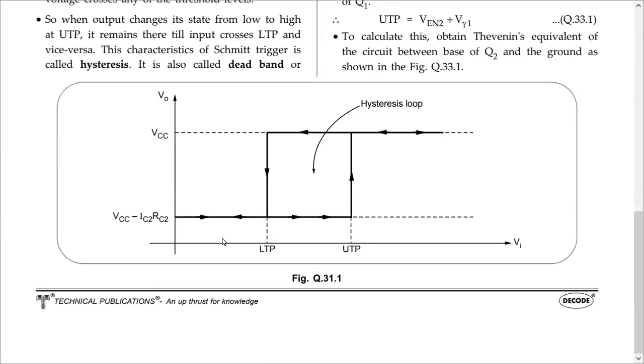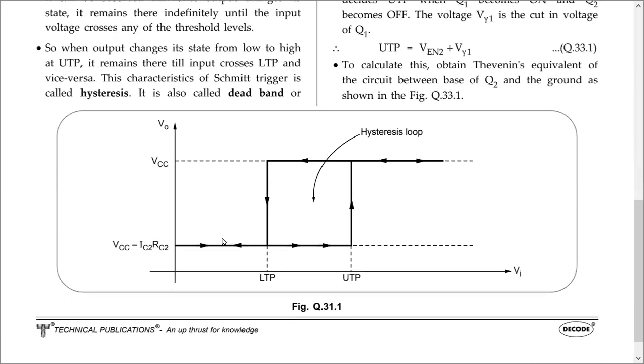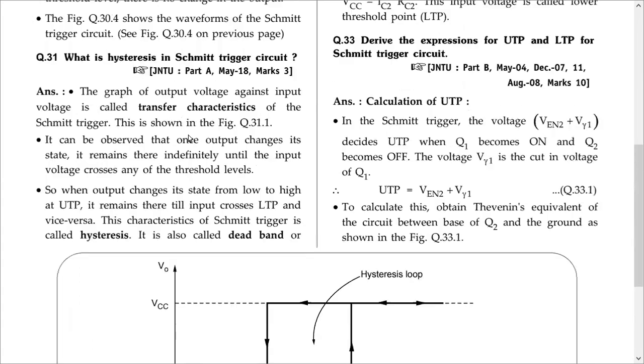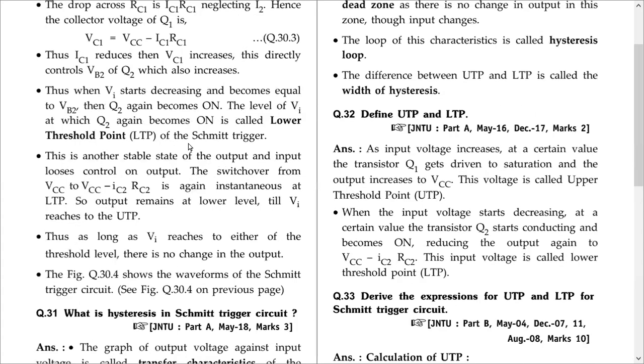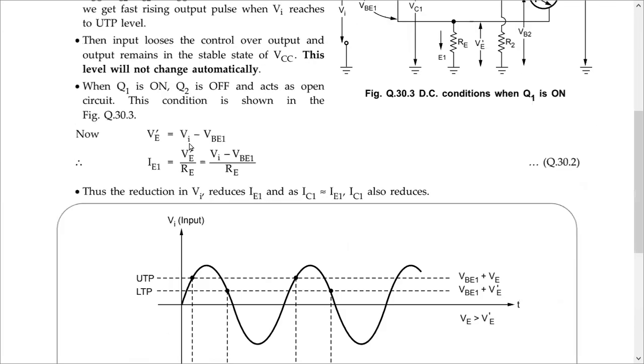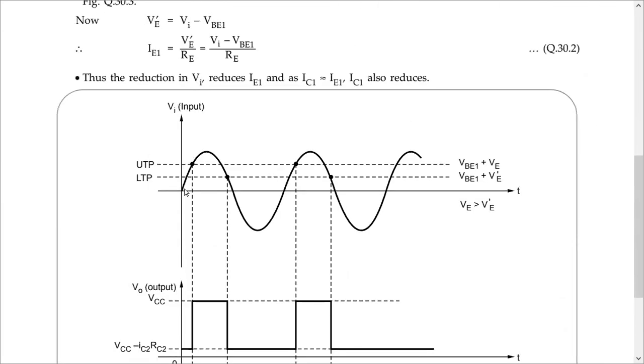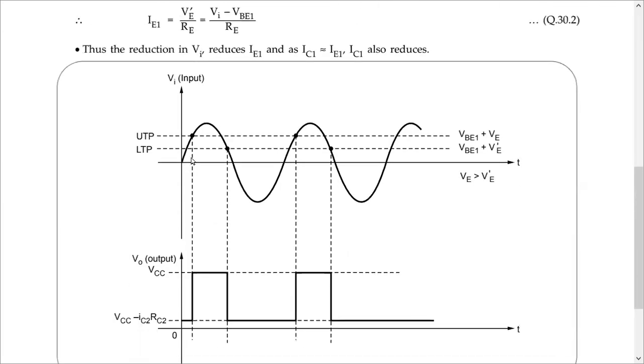Now here, if you plot the relation between the input voltage and output voltage, what happens is, let us say the input voltage is increasing. At one point, the output changes from low to high.